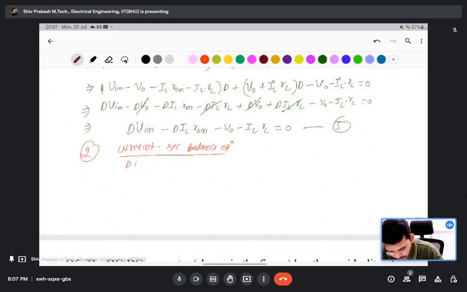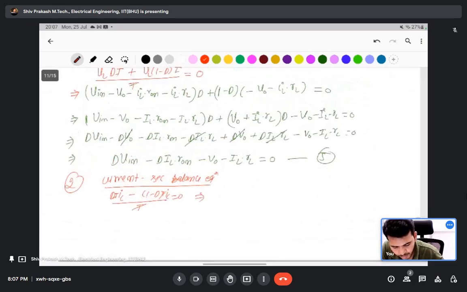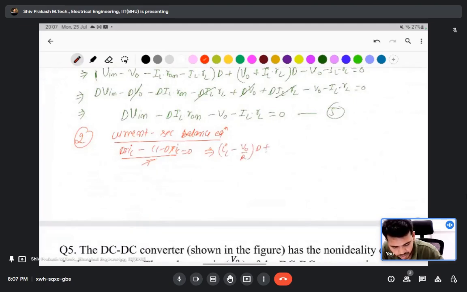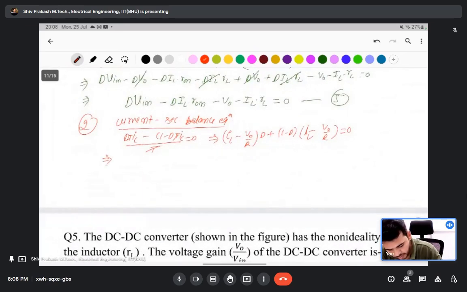D IC minus (1 minus D) IC, divided by DT, equals 0. The IC cancels out and is the same as IL minus V naught by R, into D, plus 1 minus D, into V naught by R minus IL, equals 0. Take the average of that and you will find IL is equal to V naught by R.